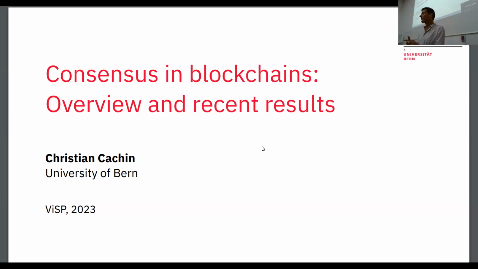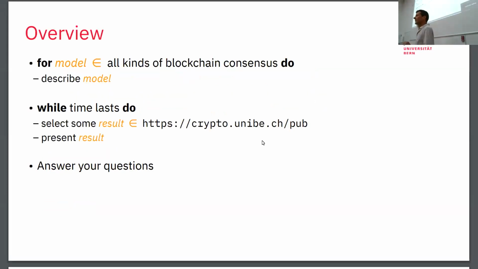And I hope to give you a bit of a background and overview of blockchain consensus methods. I cannot be very specific in the allocated time. This is the plan here. I first would explain a couple of models that have all been used for consensus in blockchains.